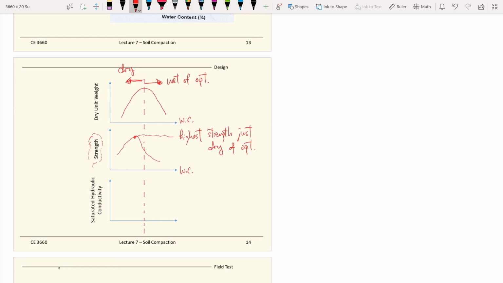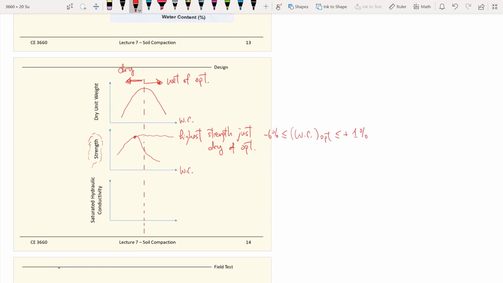The design parameter is like one sentence of writing, but you need to specify what kind of water content you want to achieve. So you may want to do something like this. This is just an example. So the water content you may want to specify, because you want to be drier, is maybe something like negative 6% to positive 1%.